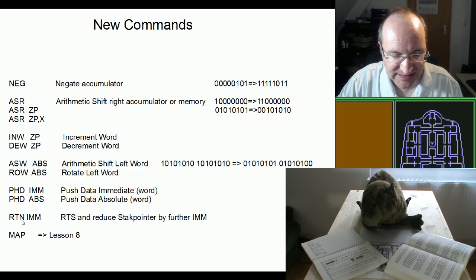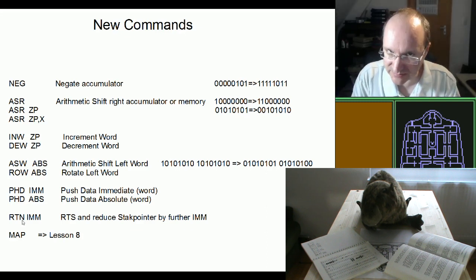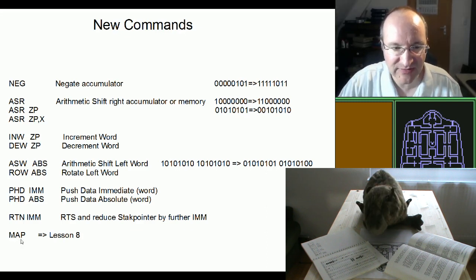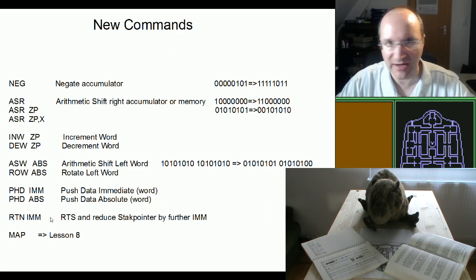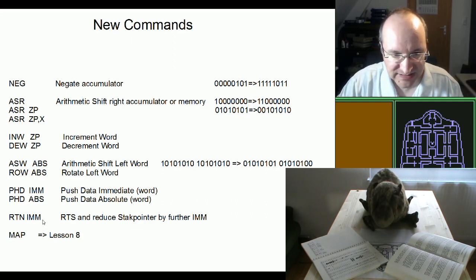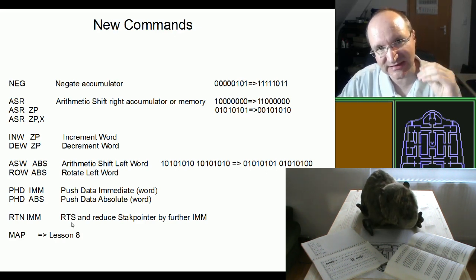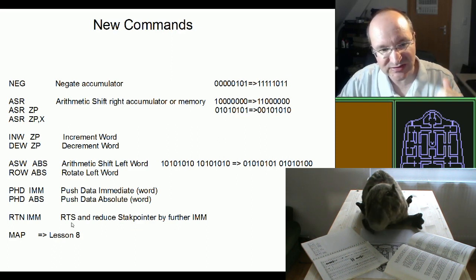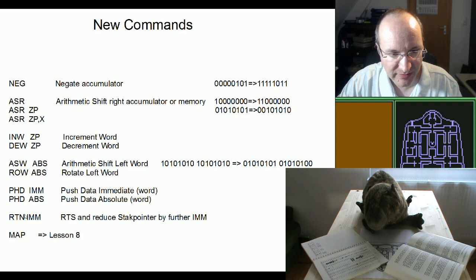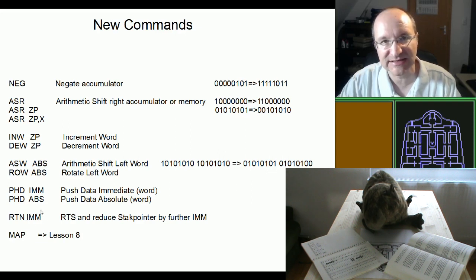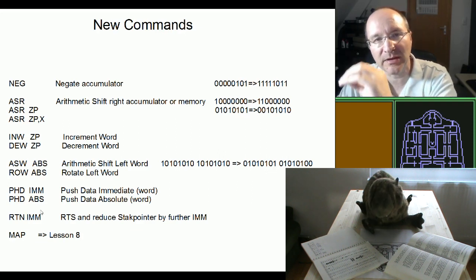It's an RTS, so you return from a subroutine, but in addition you give here a fixed number, 5. What it does is an RTS, and after the RTS it removes the given number of bytes from the stack.